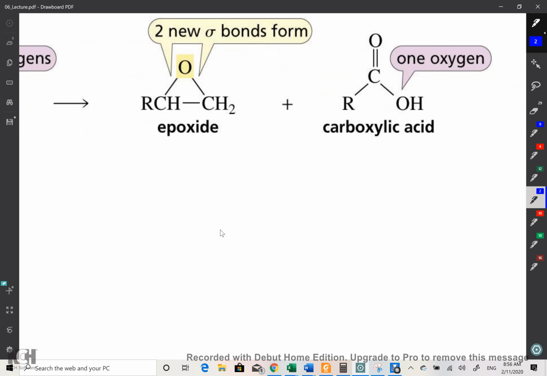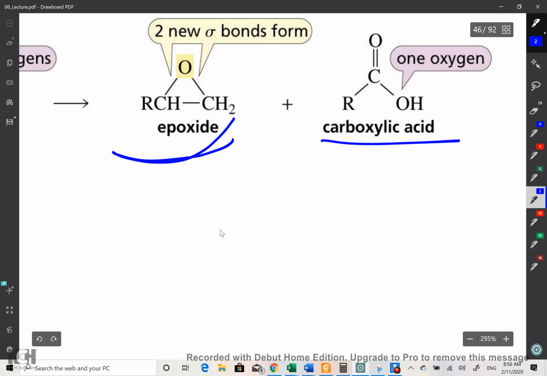You form an epoxide, which is a 3-member ring molecule containing oxygen. You form the epoxide and then you form your carboxylic acid. This carboxylic acid comes from the peroxy acid, so it is not our product of interest. Our product of interest is the epoxide.